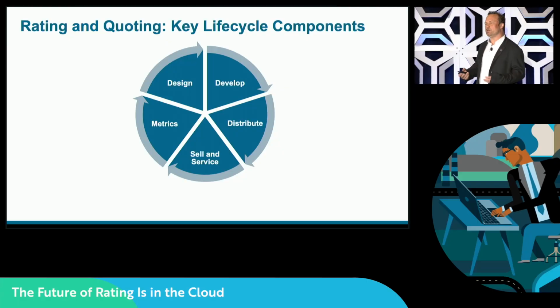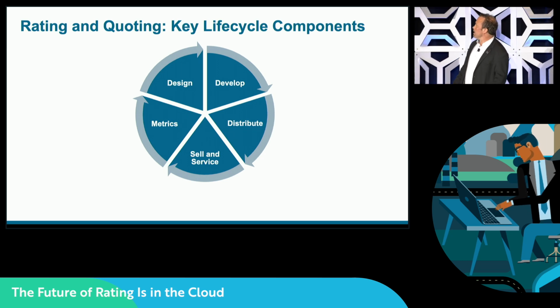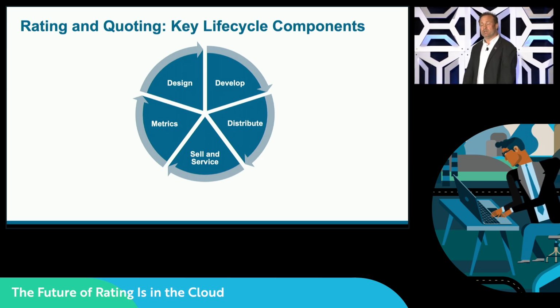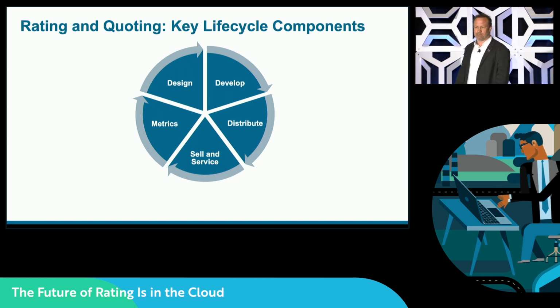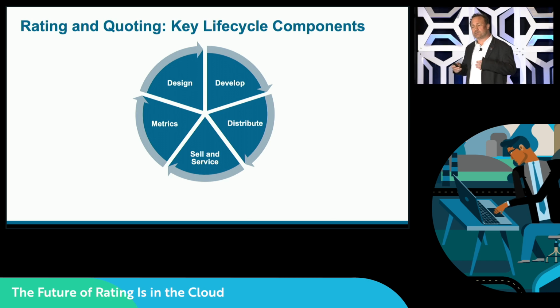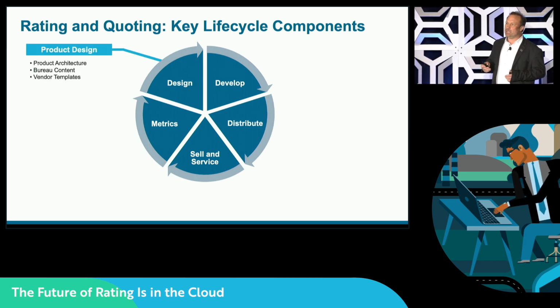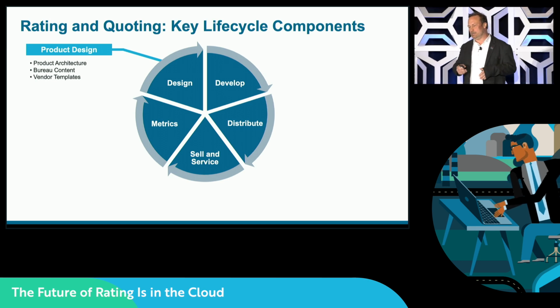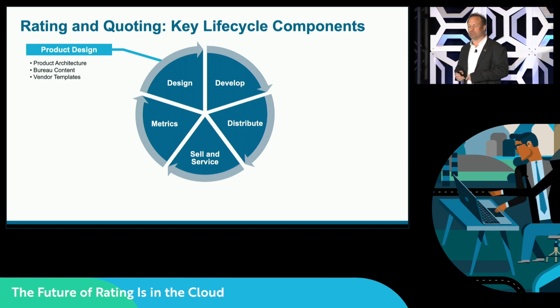So when we started this journey to bring rating into the cloud and redevelop things, what we wanted to do was look at the whole life cycle of rating. So we started with this view that rating starts in the design phase with product design, and this is really where APD starts, and you've got product architecture, bureau content, vendor templates.